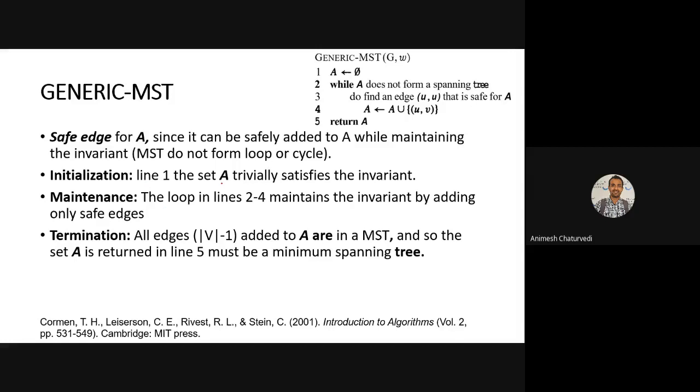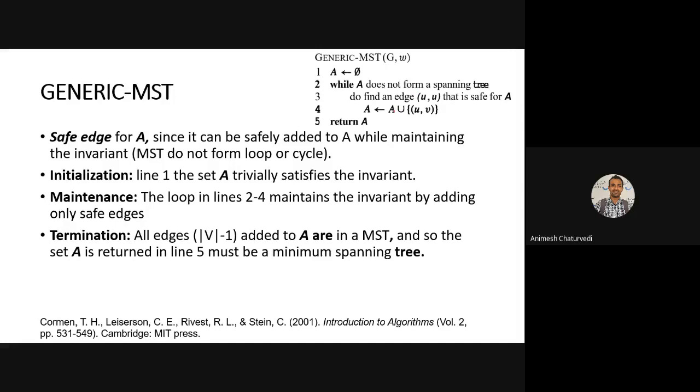So initially A is satisfying the invariant because A is null. So you are starting with A as null, and you keep on going in the while loop. In the loop, you keep on adding the safe edges one by one. How are you adding the safe edges one by one?